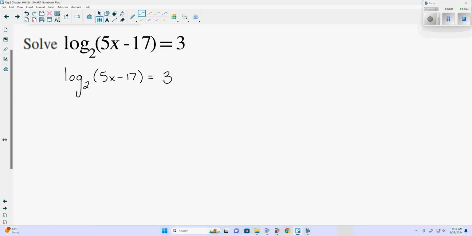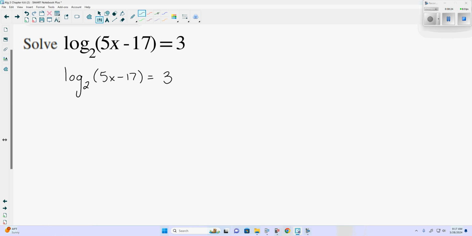So just like with our exponentials, where x was in the exponent and we got it out of the exponent, here the first thing we need to do is get the x outside of the logarithm. If we use logarithms to get rid of exponents, to get rid of logarithms we're going to use exponents.